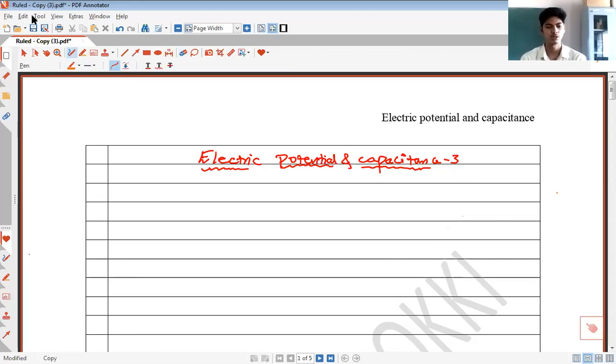So to do this, we'll first write the heading. We'll now obtain a relationship between electric field and electric potential.